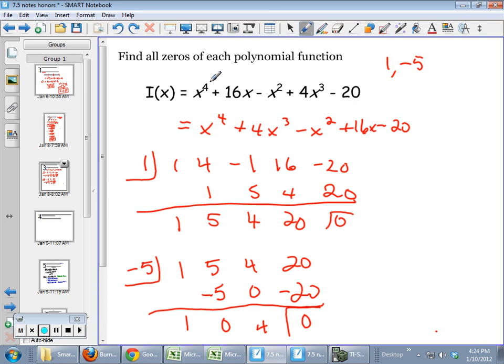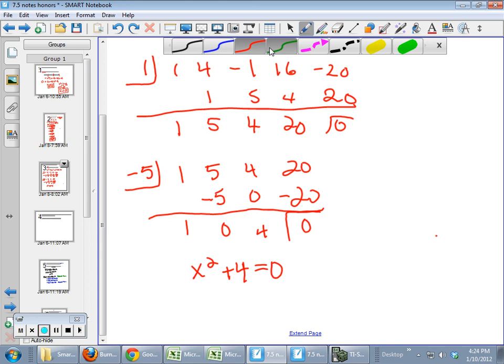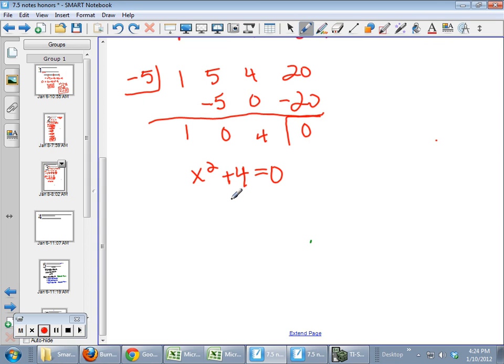Okay, but I know there has to be 4 zeros because it's an x to the fourth. So we're going to use our answer here. That is x squared plus 4. And I'm going to solve this one to figure out the other 2 zeros. So I'll switch up colors here so that we can see we're transitioning to a new idea. If it's x squared plus 4 equals 0, I will subtract 4 from both sides.